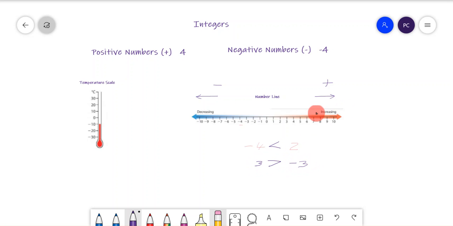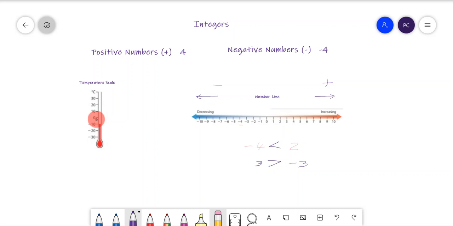So again, that's just a quick introduction to integers, what they are. Integers are all of the positive and negative whole numbers. For example, we have positive numbers like just 4, and we have negative numbers like -4. We use integers in things like the temperature scale.